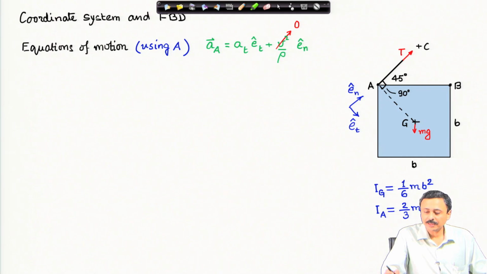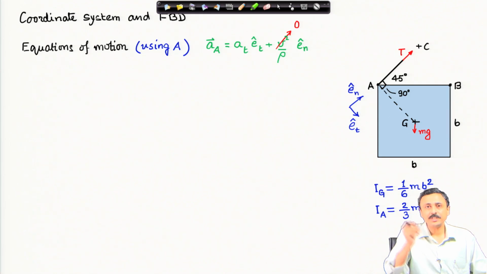Acceleration of point A: because A is a point at the end of this wire CA, and C is a fixed point, this point A, if it has to move, will move in a circular path. Therefore, I have taken this tangent-normal system aligned with that path.